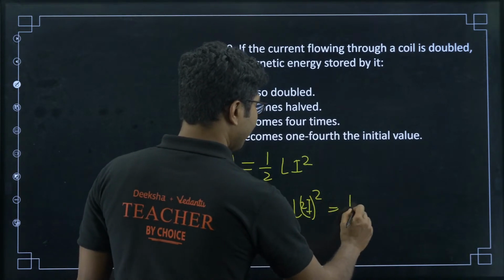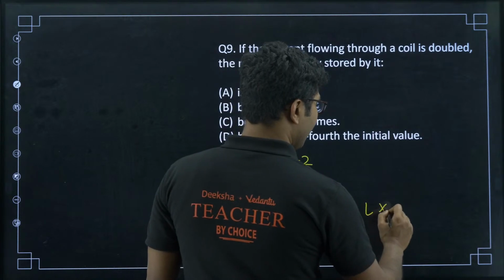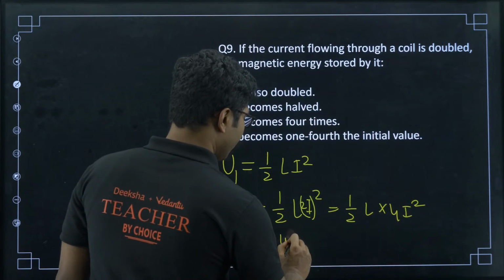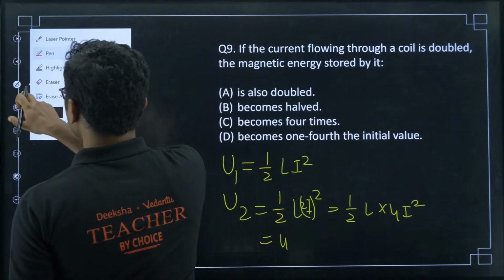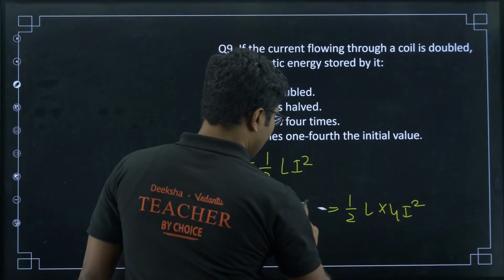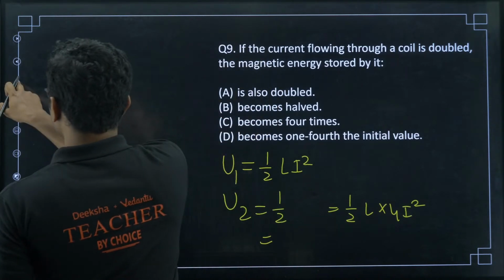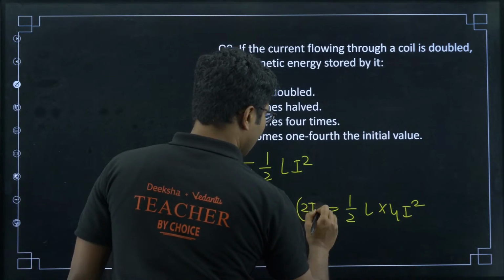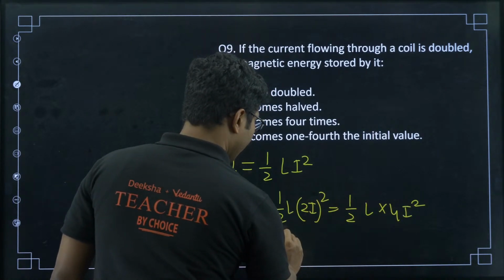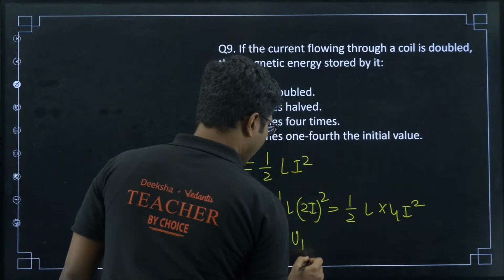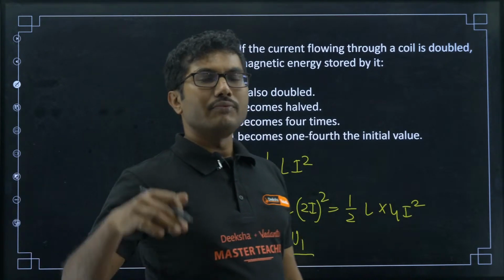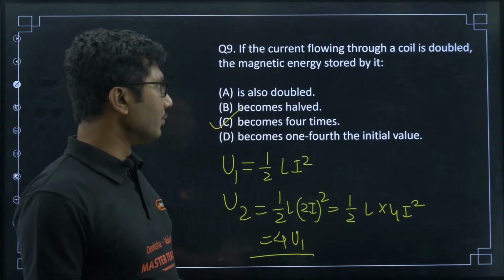So it will be half L into 4I square, that is 4U1. So it will be 4 times. So energy will become 4 times the initial value.